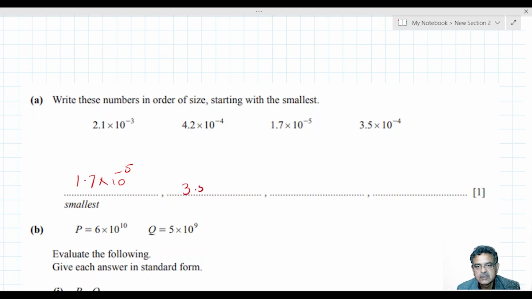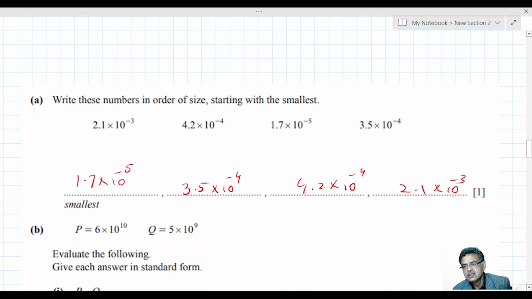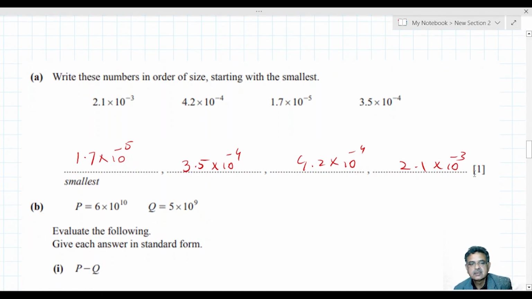So this will be 3.5 into 10 to the power -4 and 4.2 into 10 to the power -4, and the largest here is 10 power -3. It was not a big deal, that's why there is only 1 mark.